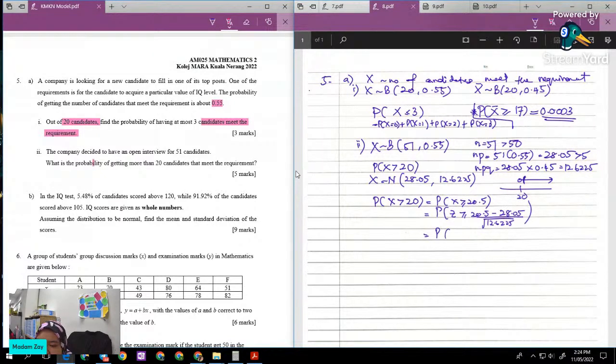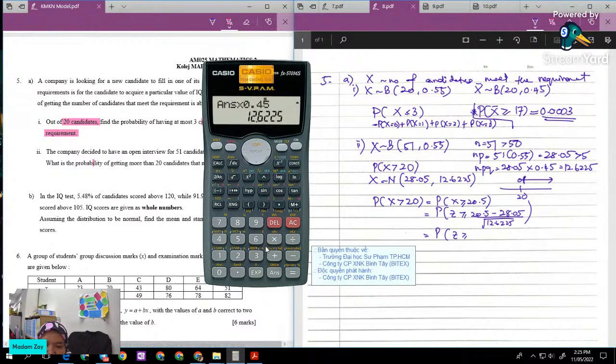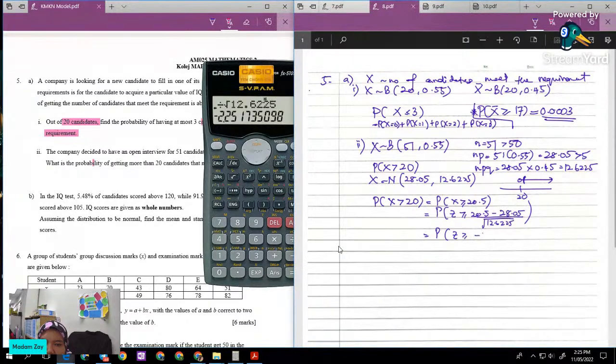Okay, so kita akan dapat nilai Z kita di sini sama dengan 20.5 minus 28.5 is equal to negative 8 divided by square root of 12.6225. So we get negative 2.25. Okay, 2 decimal places je.